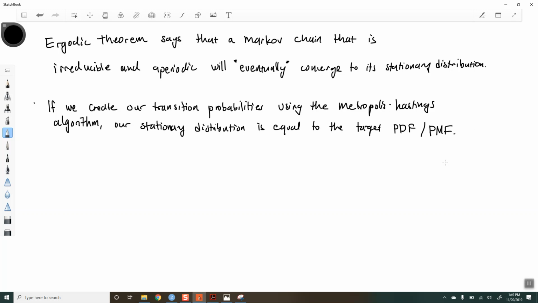So running this Markov chain for long enough will produce values from the sample that we want.